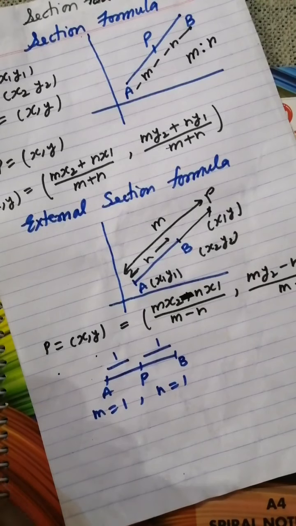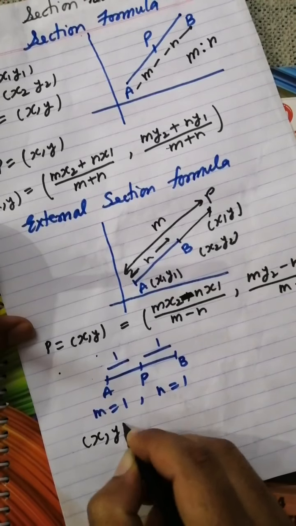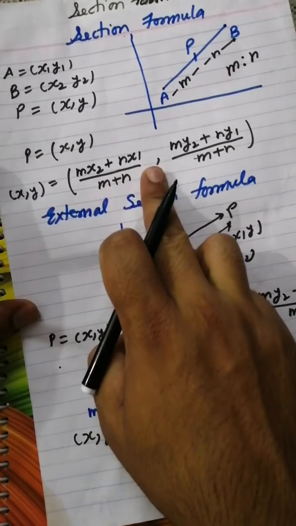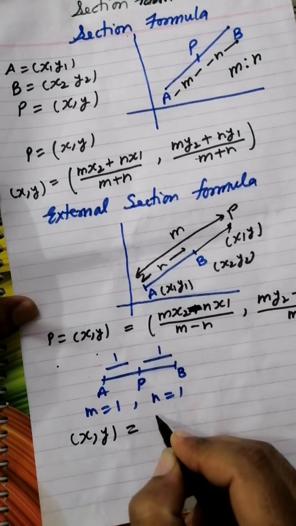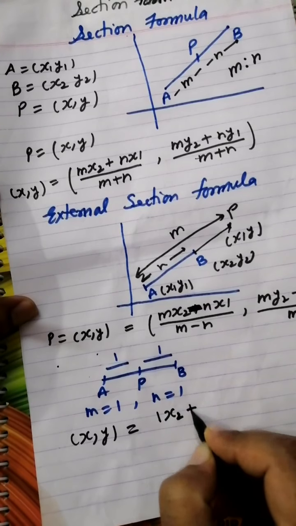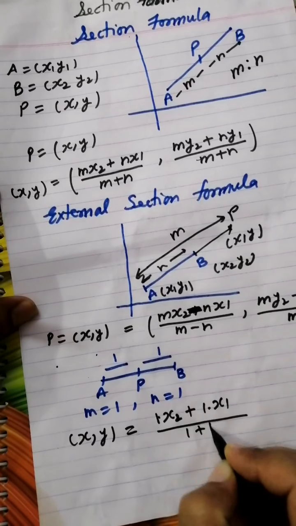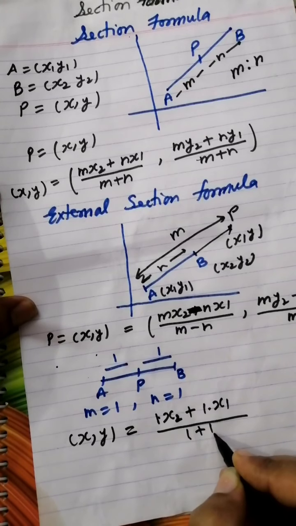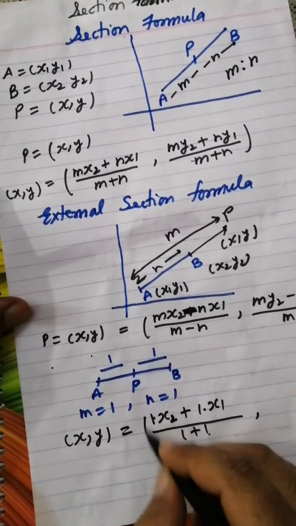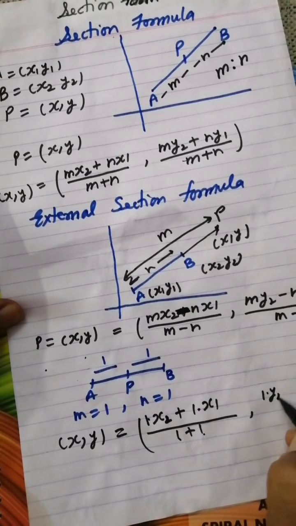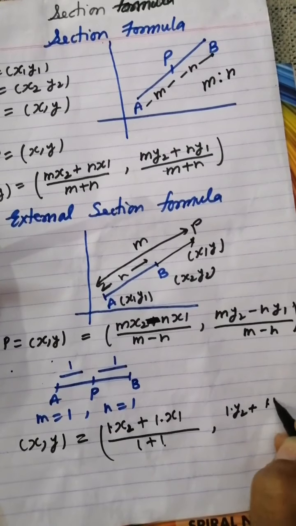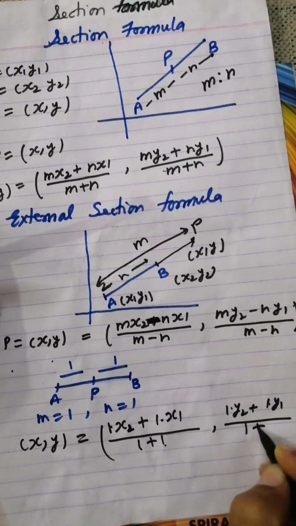So now here we have the formula for P x y, according to that section formula, m x2 plus n x1 upon m plus n. Here m is 1, so 1 into x2 plus 1 into x1 upon 1 plus 1. Similarly, 1 into y2 plus 1 into y1 upon 1 plus 1.